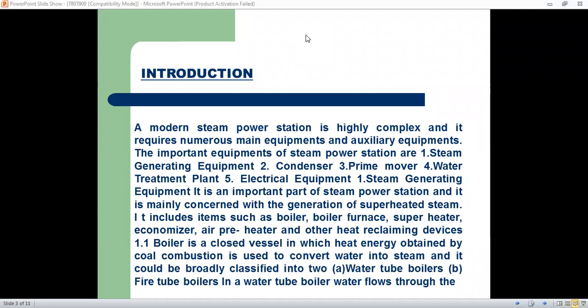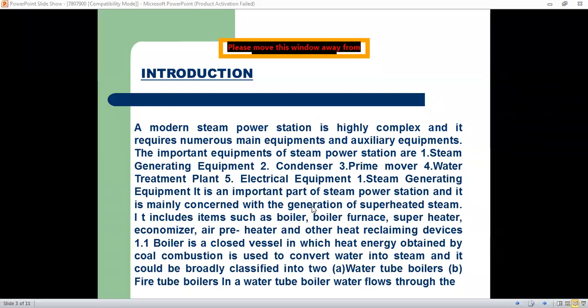What is the meaning of prime mover? Prime mover is a device that we can rotate through the steam.